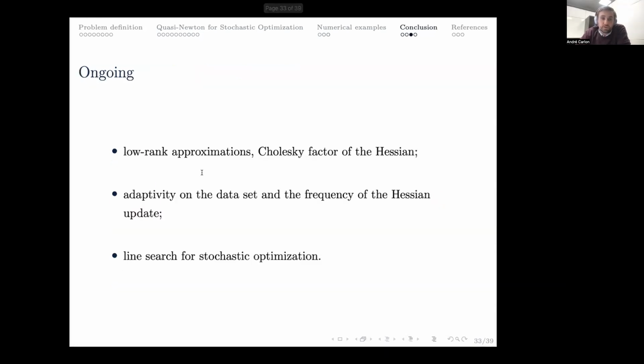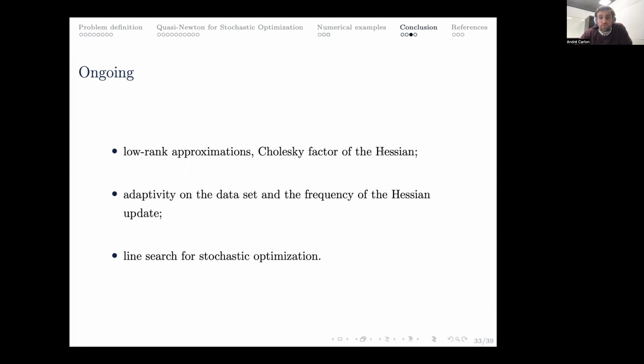Now, we are still working on follow-up research on low rank approximations of this matrix, especially for cases where the dimensionality grows larger, because our approach might not be advantageous as the dimensions grow, as we are doing it right now.